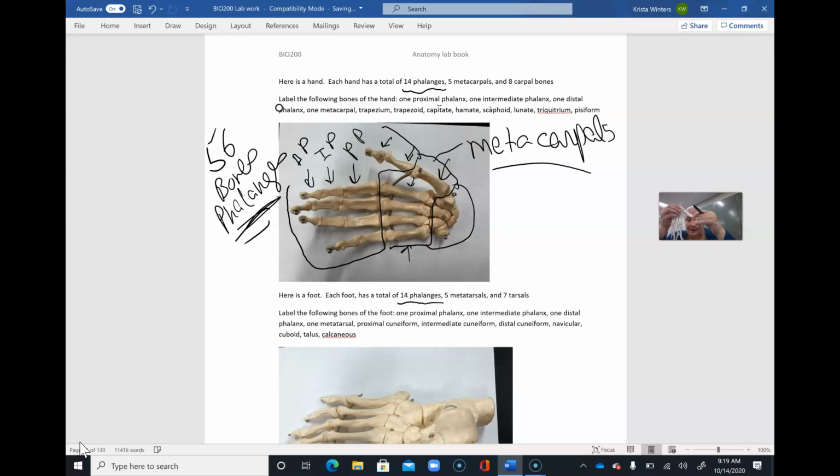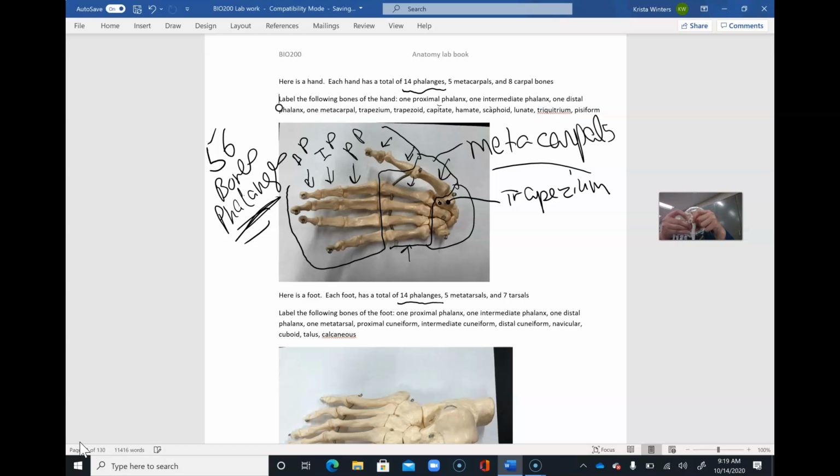So I always start with the thumb side. This first bone next to the thumb is known as the trapezium. All right, so here's your trapezium. Next to the trapezium is a little bone here, which you can see.